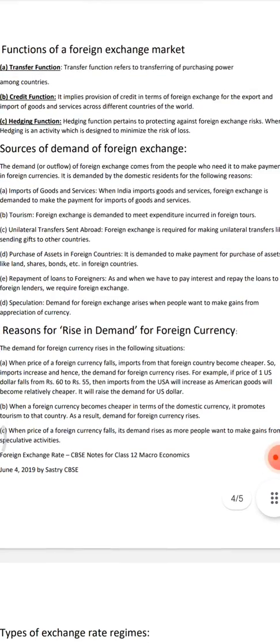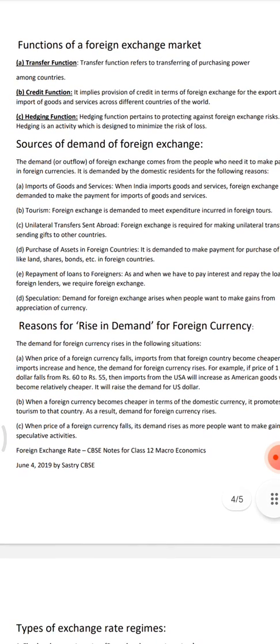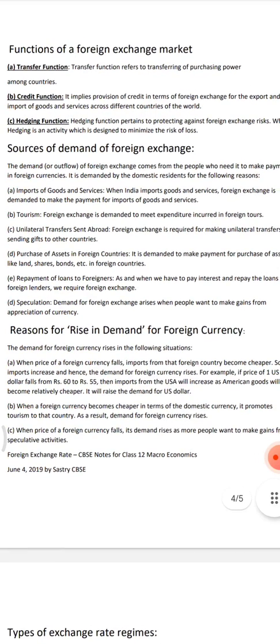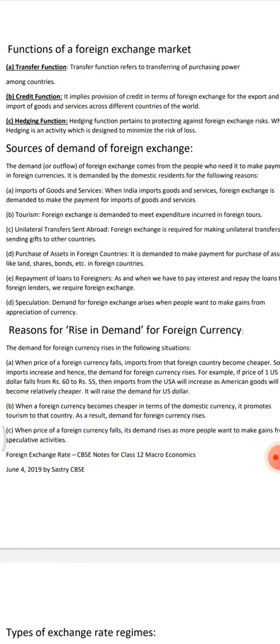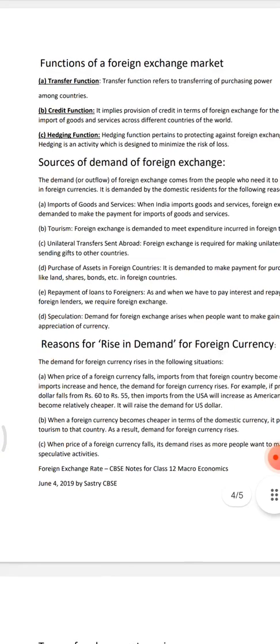Now we'll study the sources of foreign exchange. Through various sources we can have foreign exchange in our country. The demand, that is the outflow of foreign exchange, comes from the people who need it to make payments in foreign currencies.